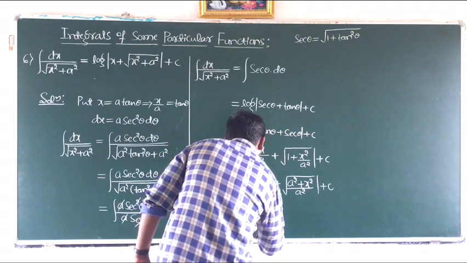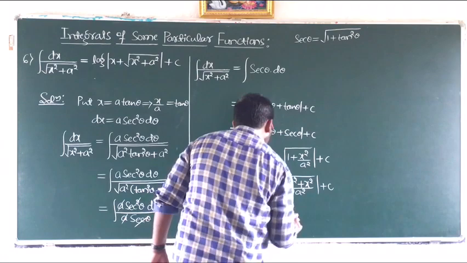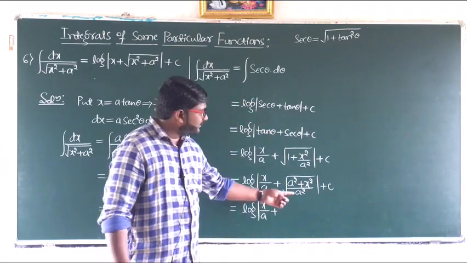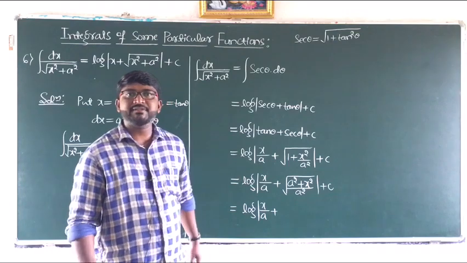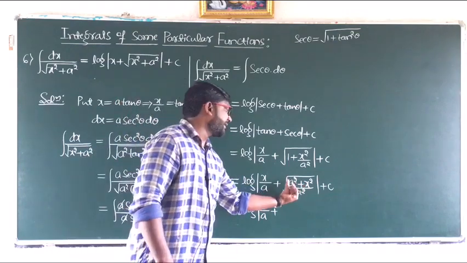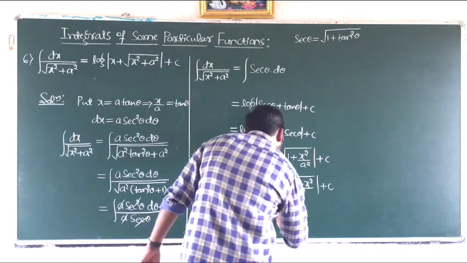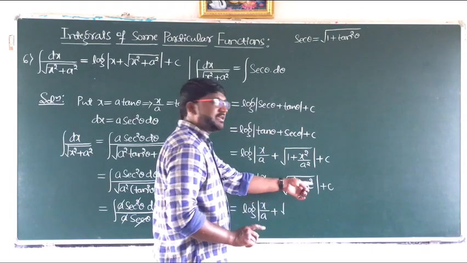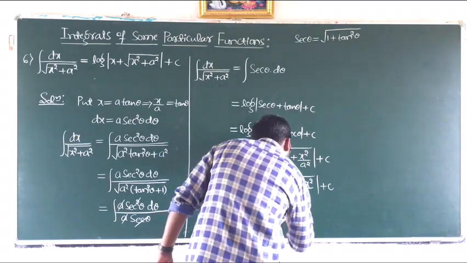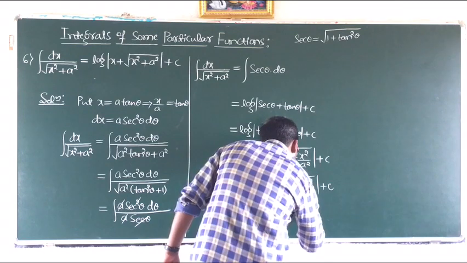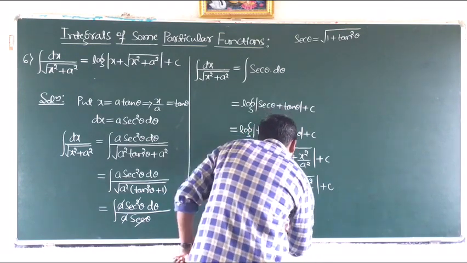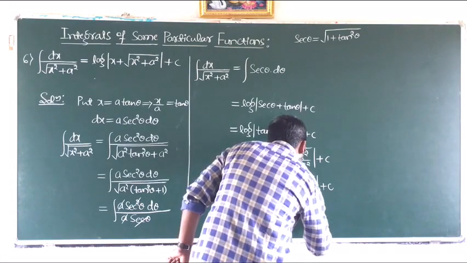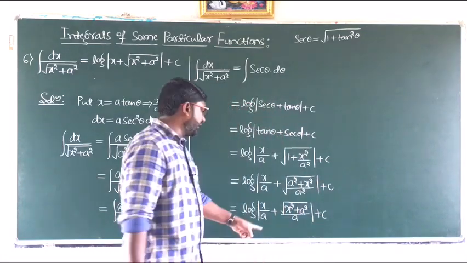So now in the next step, log mod x by a plus, now I take a square outside the square root. If you take a square outside the square root, it becomes a, and the square root applies to only the numerator. It is root a square plus x square, or x square plus a square. Now take a square outside the square root, it becomes a, plus c. So now you have the same denominator.